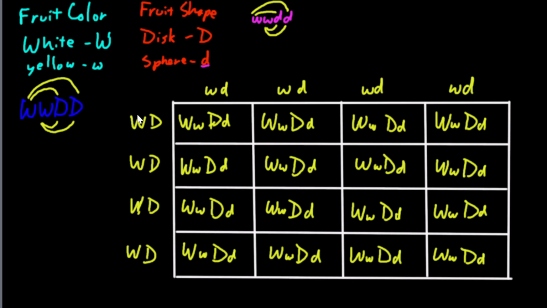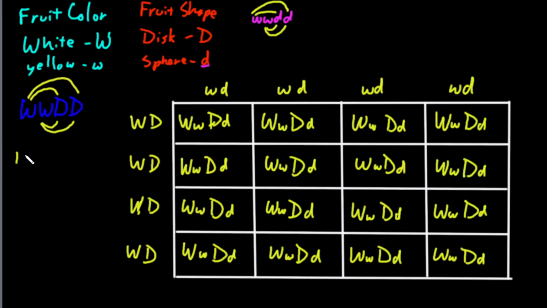And since we had all homozygous dominant and all homozygous recessive gametes, we're going to get heterozygous for literally all of our possible offspring.